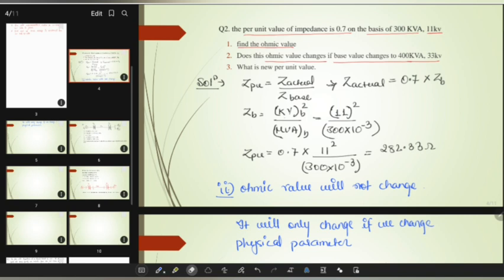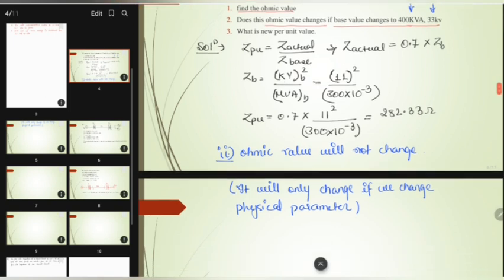Physical parameters such as length, area, these are the physical parameters. We are not changing any physical parameter. What we have changed is the base value. So your ohmic value will not change.